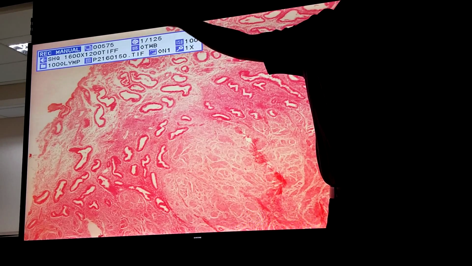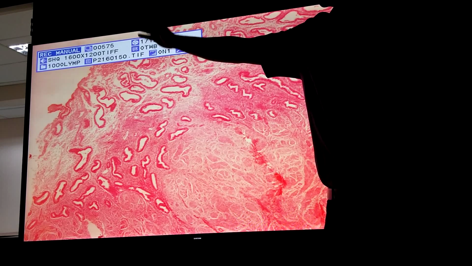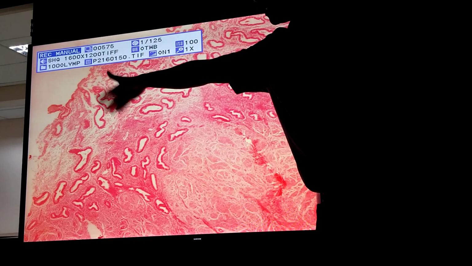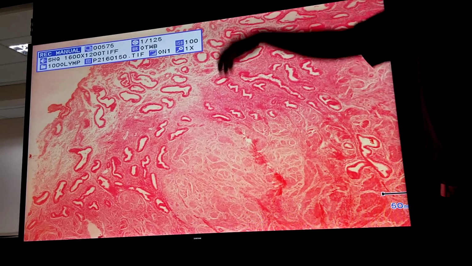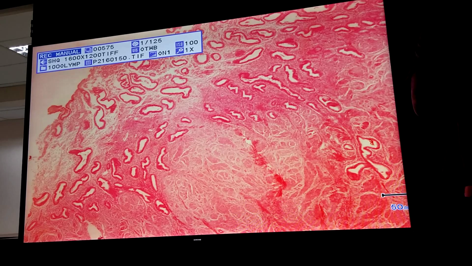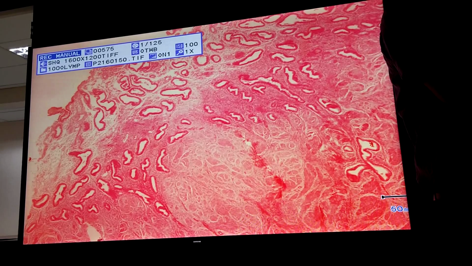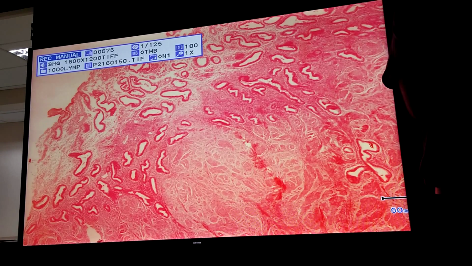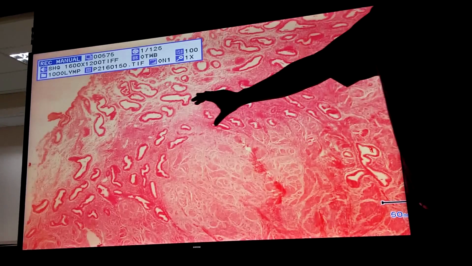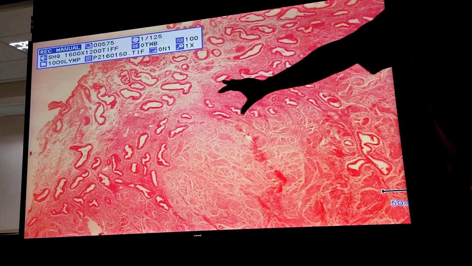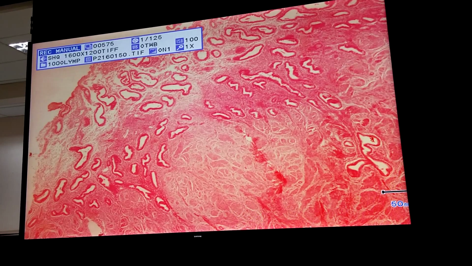Kaya mayroong bleeding per vagina because of the detachment of the superficial layer of the endometrium, which is specifically called functionalis. Very good. And then this layer, which is not shed off during menstruation, is called basale.